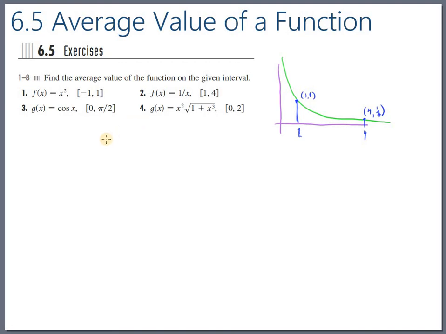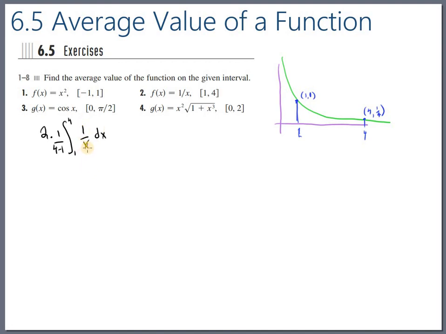So we know the formula. We need the integral, so for number 2, we need the integral of 1 over x dx, and then out front we just need 1 over 4 minus 1, and we're integrating from 1 to 4.